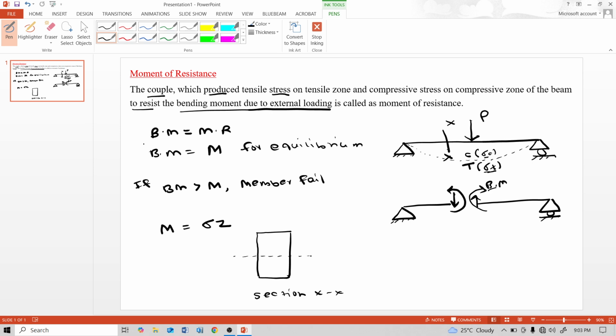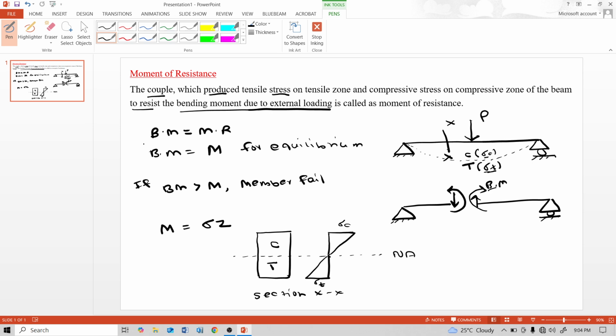This is the neutral axis, NA. This is the compressive zone and this is the tensile zone. The stresses for this beam at this section are: this is sigma C, compressive stresses, and this is sigma T, bottom tensile stresses.